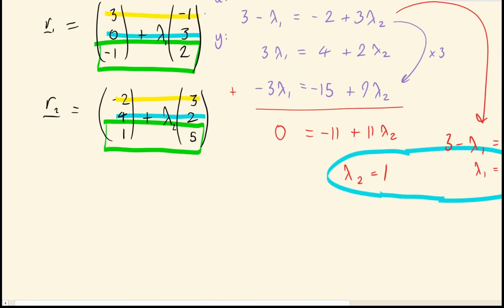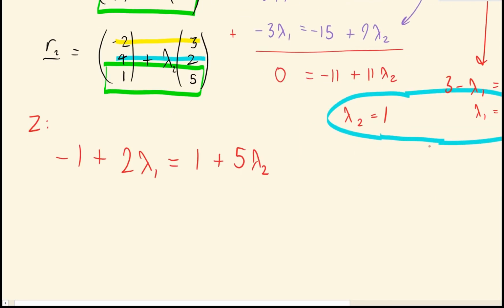So let's try that. We've now got minus 1 plus 2 lambda 1, and we're going to see if that equals 1 plus 5 lambda 2. And we have to use these values over here. So it's now minus 1 plus 4, and does that equal 1 plus 5?